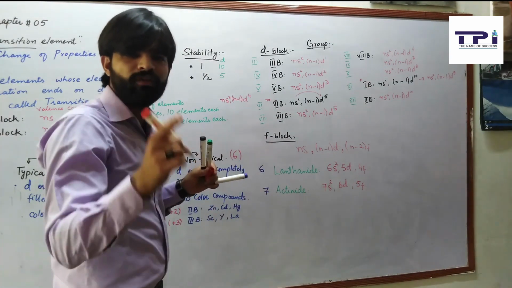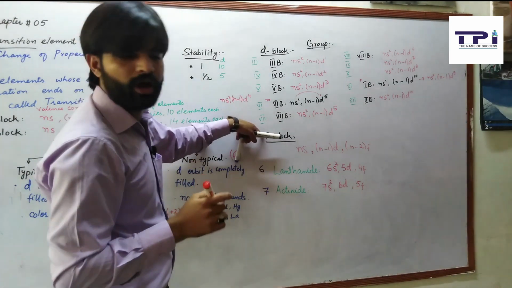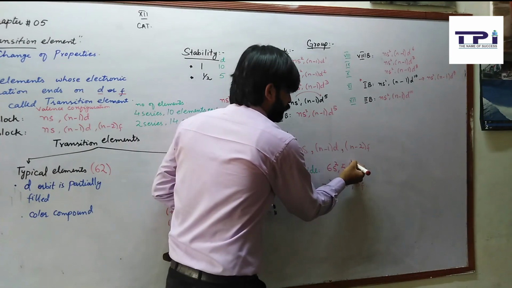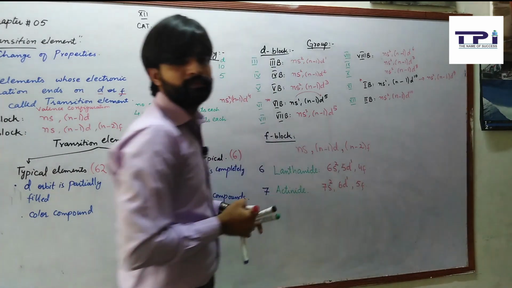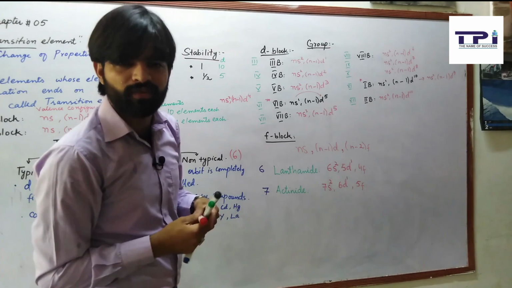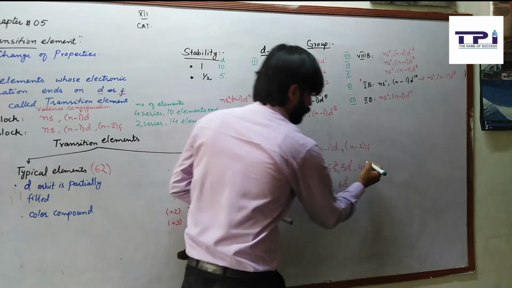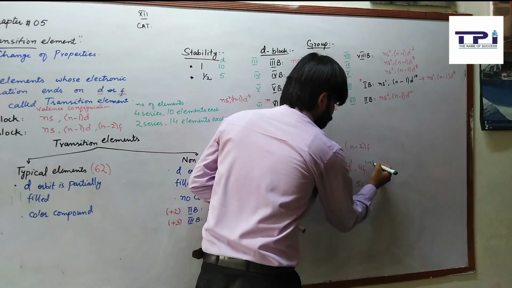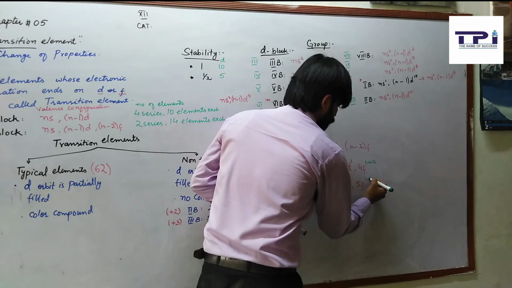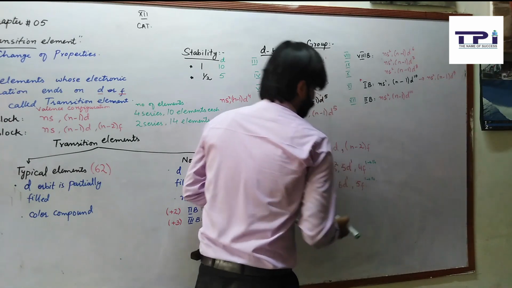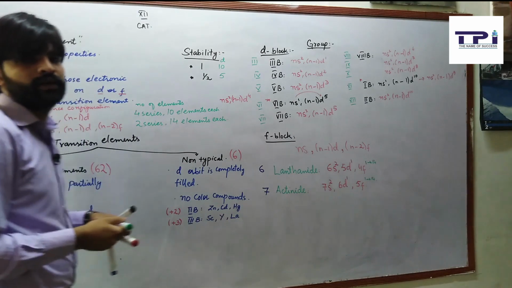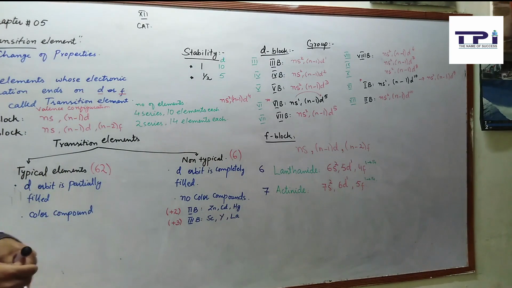And d, when it belongs to F block, will always have 1 electron only. And the number of electrons for f would be 1 to 14. Copy this, then we will discuss series wise.